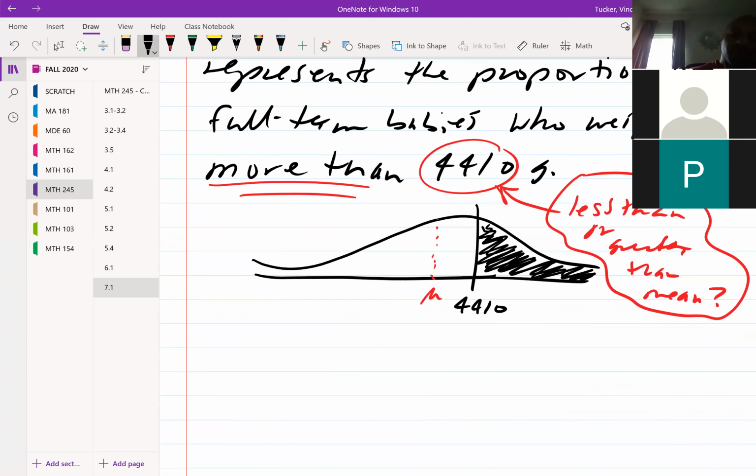Let's say we wanted less than. Same value, we're looking at less than.